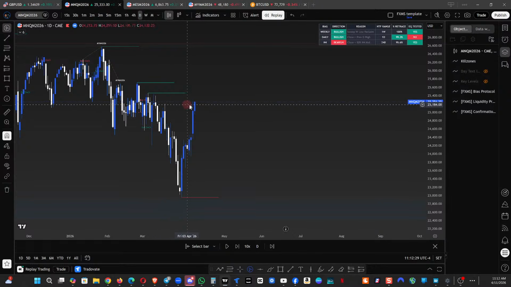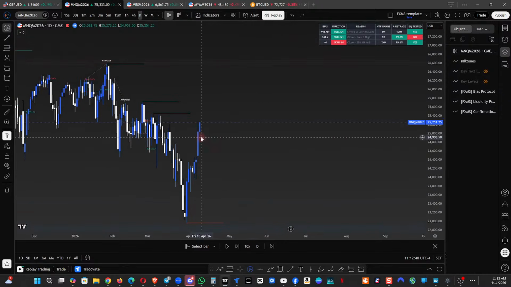Here we have the daily candle, which is bullish. However, we did close, let's see, I think we closed inside. This high is 257.25, and this close is 251.25. Yeah. So technically, let me just make sure. There we go.